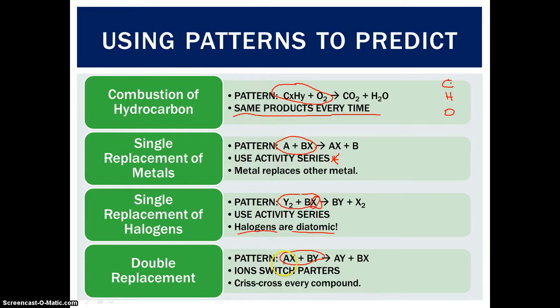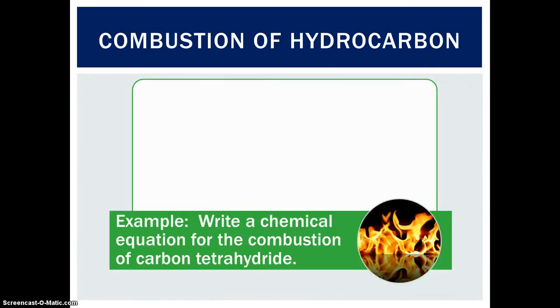So A will now partner with Y, and B will now partner with X. It's really important to remember this last part. These are both ionic compounds. When they form new ionic compounds, you need to write the ions and swap and drop to get the right answer. This is not going to go away.